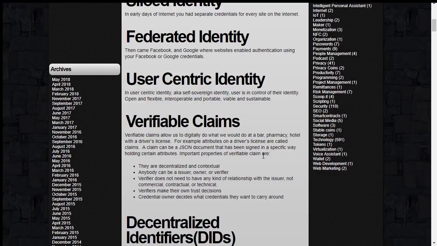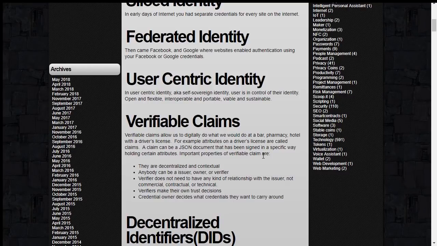So when we're talking about verifiers make their own trust decisions, again, this is up to the verifier to trust what they want to trust. No overarching body is going to tell them that you will need to look at this or that, right? If an organization thinks they are happy with having a picture on that particular ID and some kind of a claim that you are of a certain age, if that's the information they want, then if that satisfies them, that is fine, right?